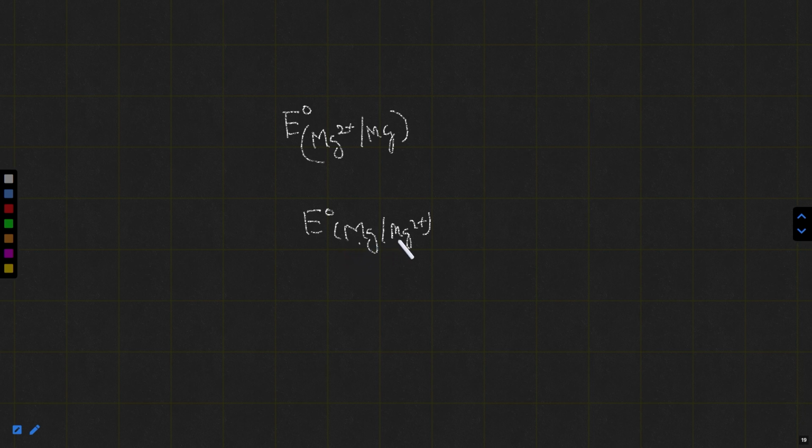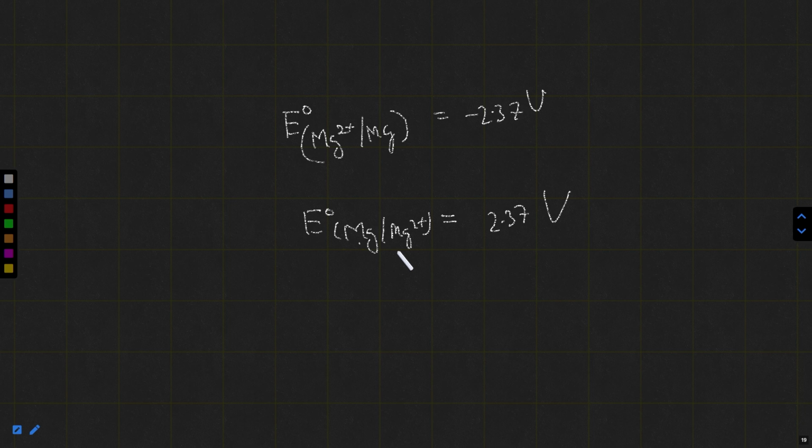So if your value is given in this fashion, its oxidation potential is basically 2.37. I also don't remember it. I'm saying it from the table, and you don't have to remember it either. You will be given the value, right? So this is 2.37. So what will be this value? Minus 2.37. Just a change of sign.